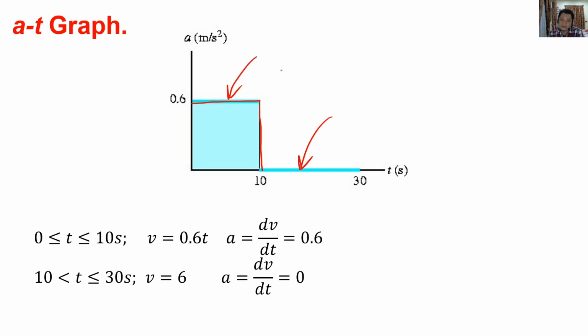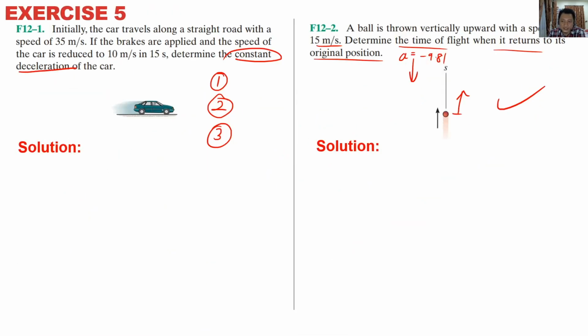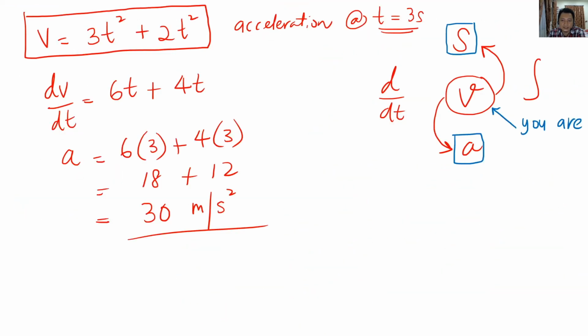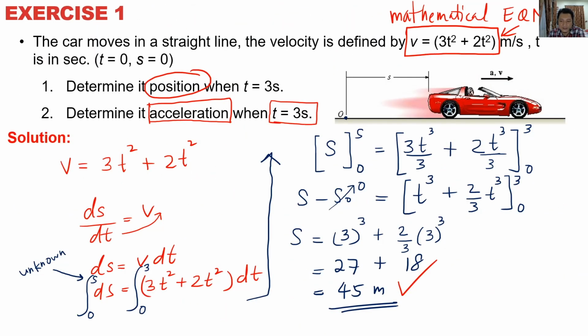You are differentiating twice to get acceleration. So it's pretty much the same like the one that we did before lah, which was this one. I think which was this one. Yeah, it's almost the same as this one. Only this one, the motion is continuous lah.